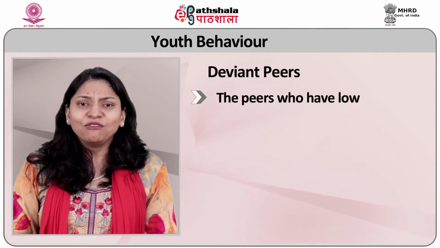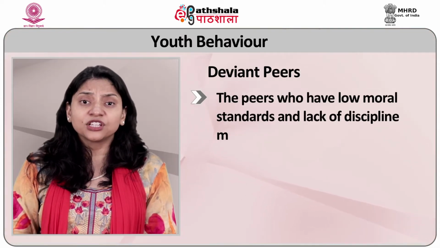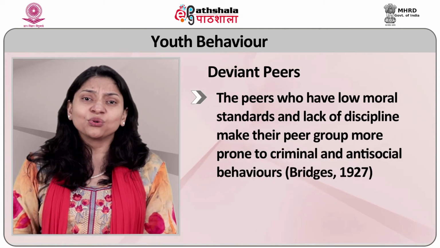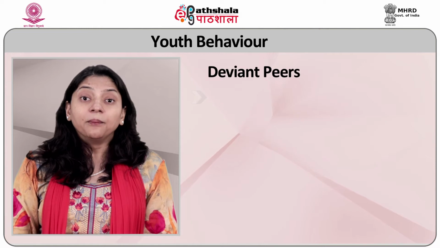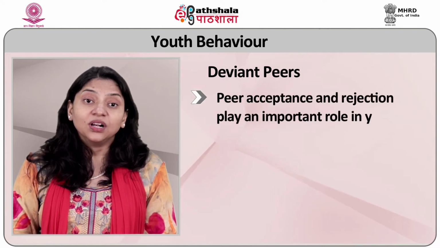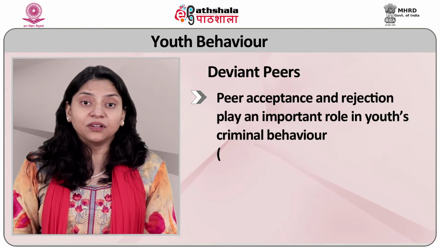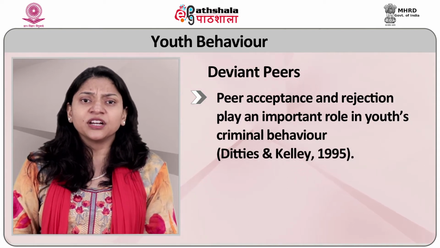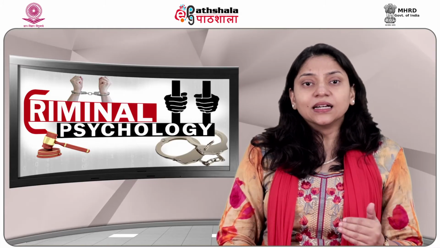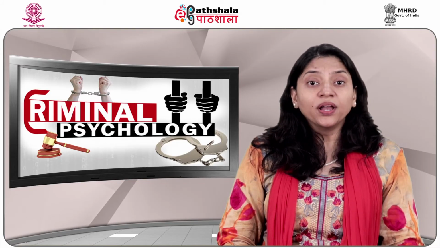The peers who have low moral standards and lack of discipline make their peer group more prone to criminal and antisocial behaviors. Peer acceptance and rejection play an important role in youth's criminal behavior. That has been found by various psychologists. Now we will discuss the third aspect, which is a poor neighborhood.